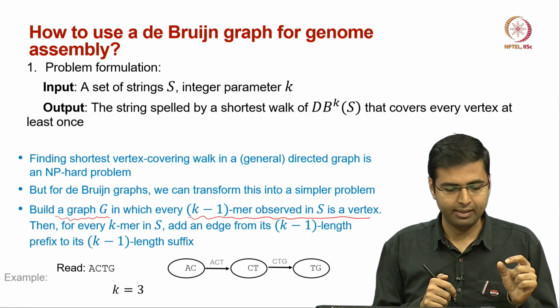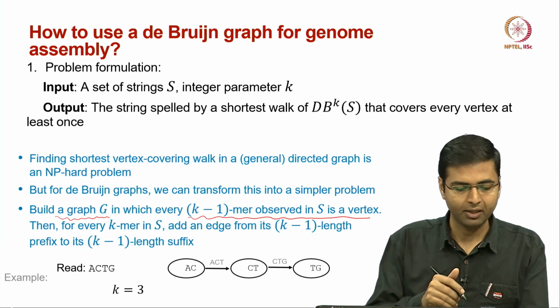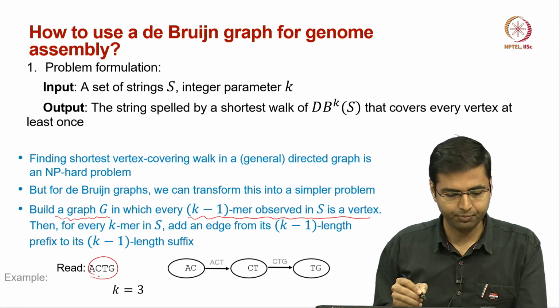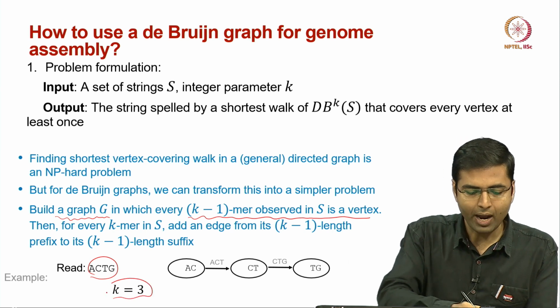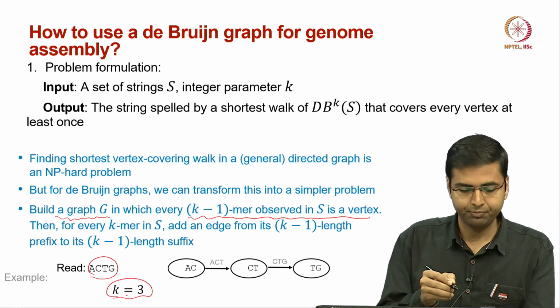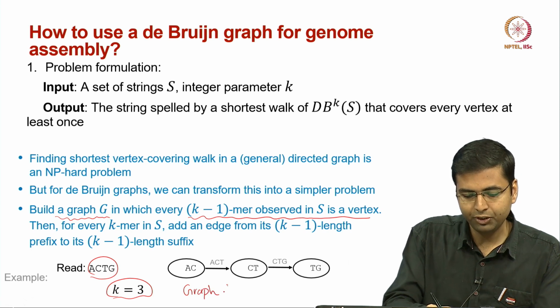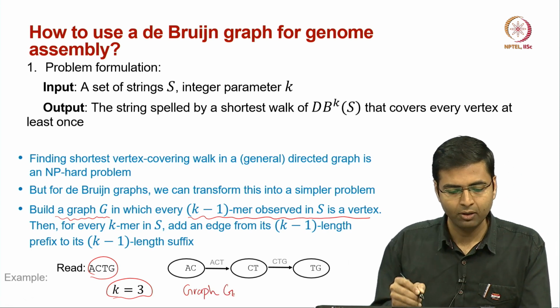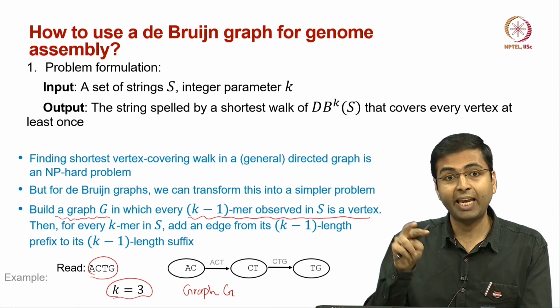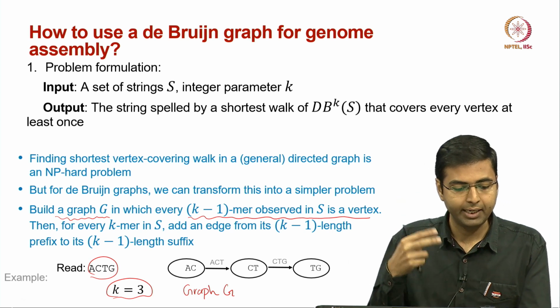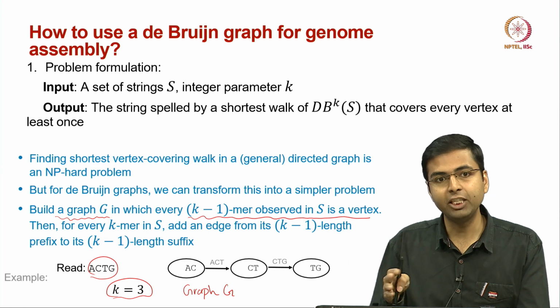Let us look at the example at the bottom to understand this better. So you have again a single read ACTG, and let us say you have parameter k equal to 3. So graph G will look like this, where the vertices are built from k minus 1 mers, that is 2-mers. So the 2-mers are AC, CT and TG.